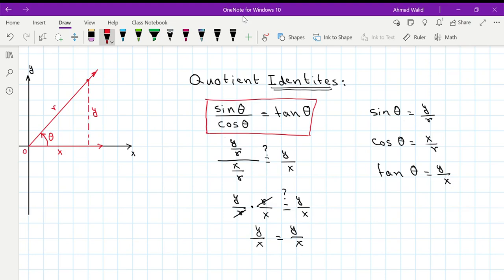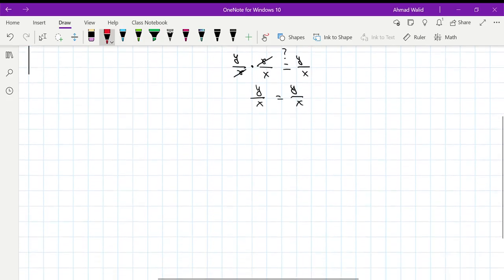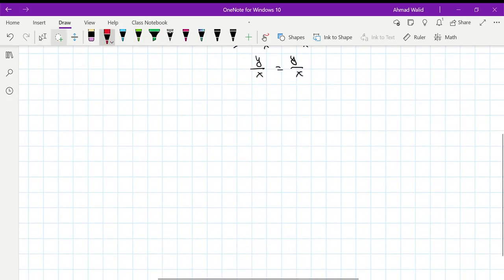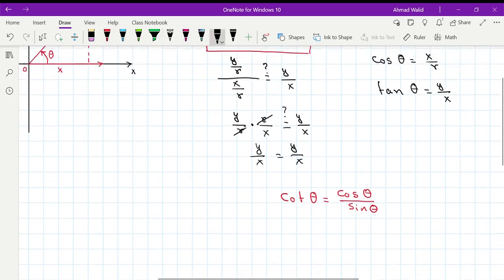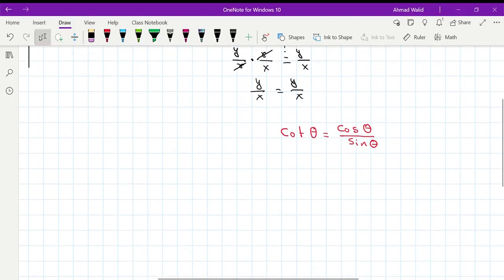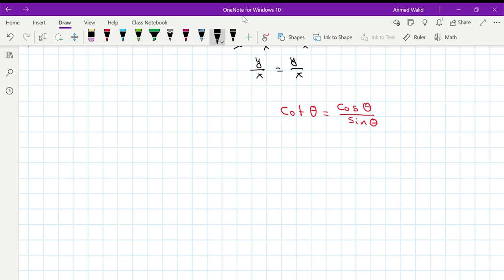With sine and cosine. The next one is cotangent theta equals cosine theta over sine theta. Again, if you want to see the proof, I will use the same method. Cotangent theta was what? Cotangent is the reciprocal of tangent, which is x over y, correct?